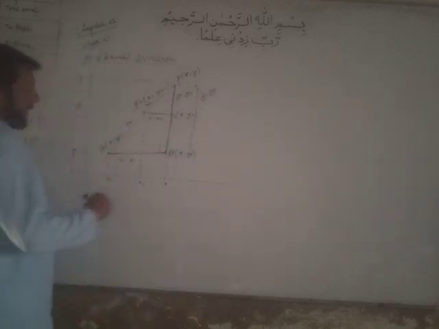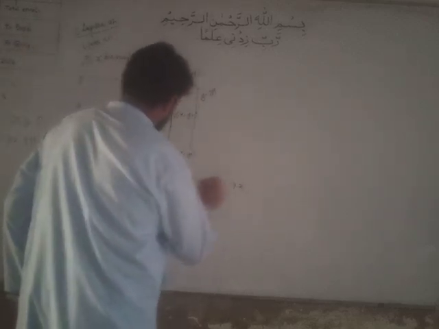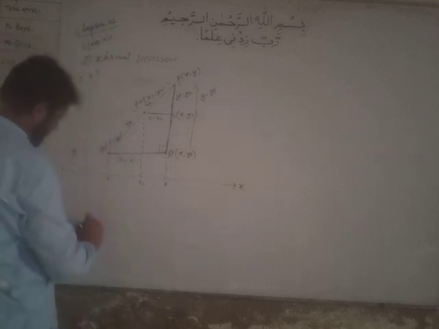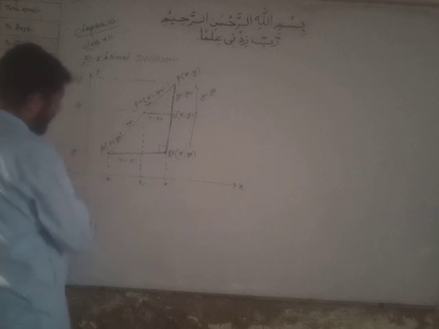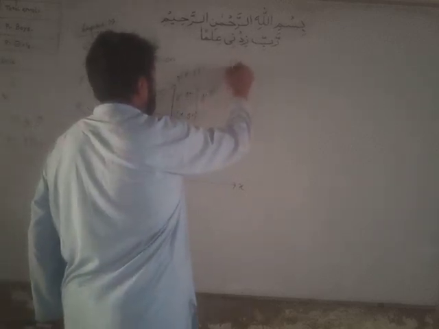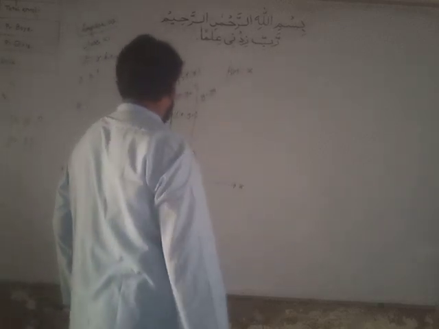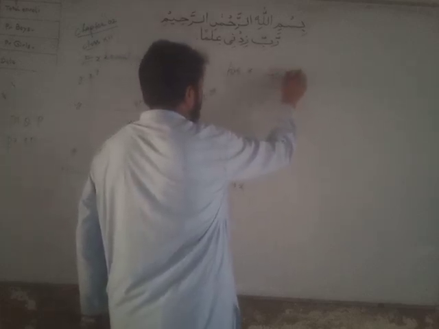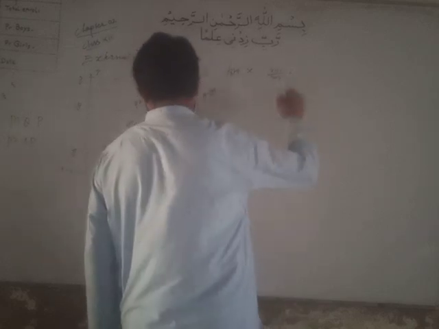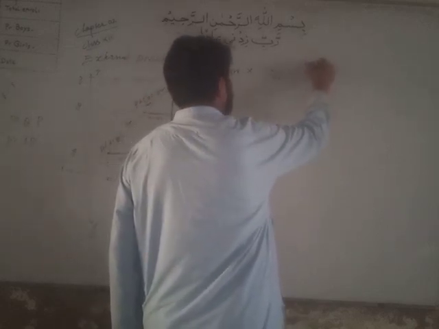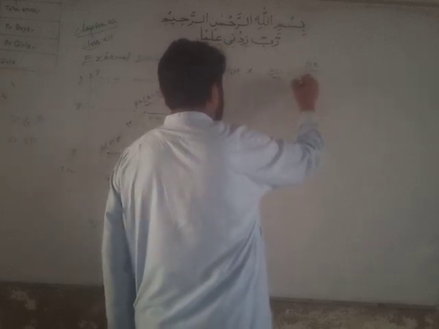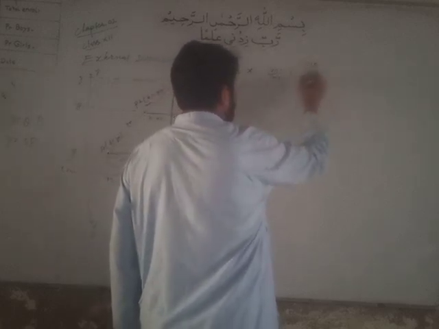For x, we can say m1 upon m2 is equal to P1Q divided by P2S.